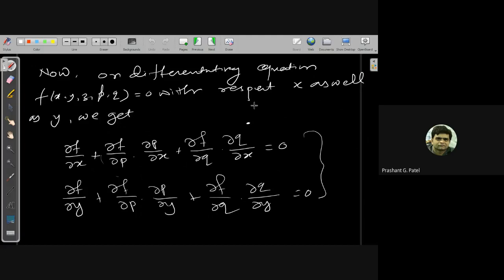Yeah, so here we are differentiating this with respect to x and y. Z also depends on x and y, that we have not considered here. So it is del f by del x.